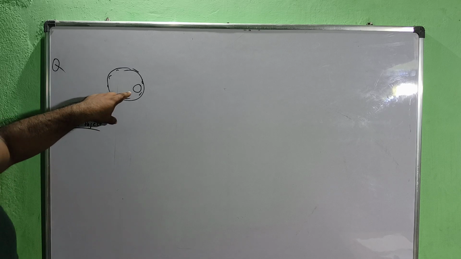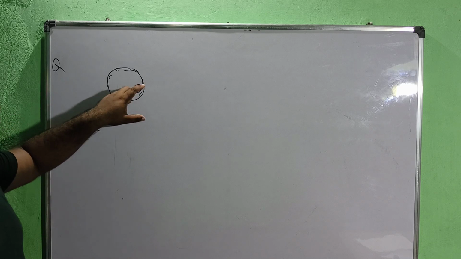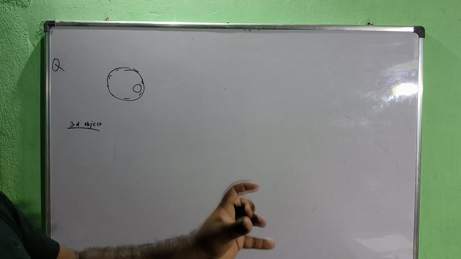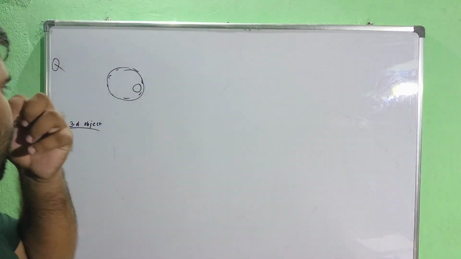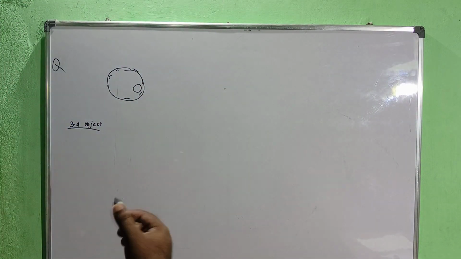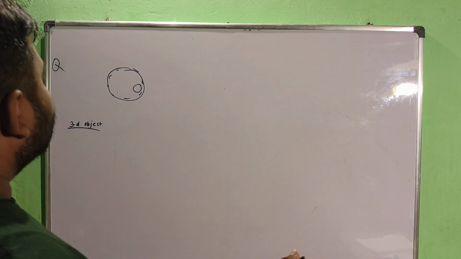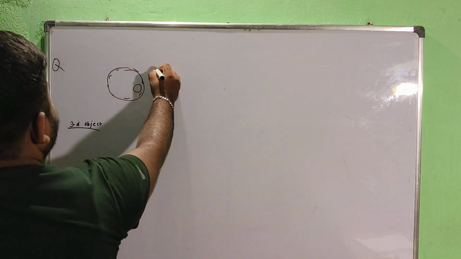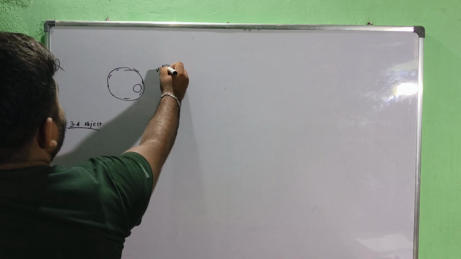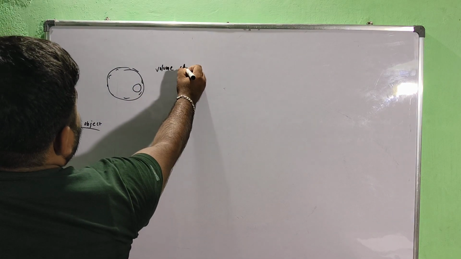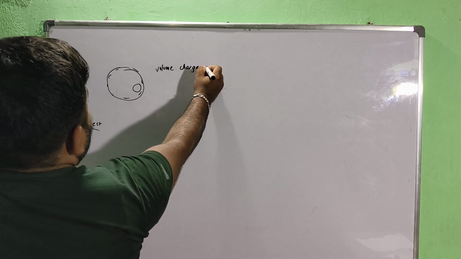That ratio is the charge content in this volume divided by the volume of this small part. So we can say that it is uniformly distributed, and we can use a new term, that is volume charge density.